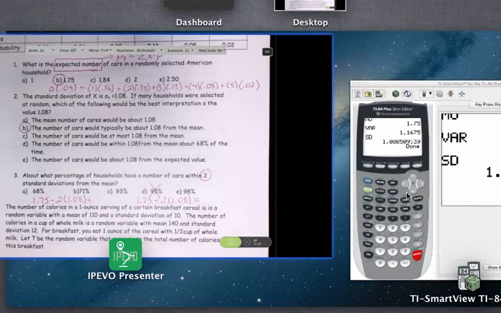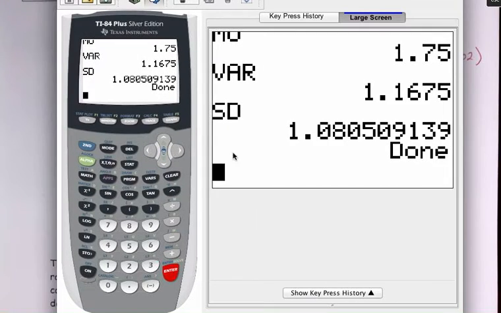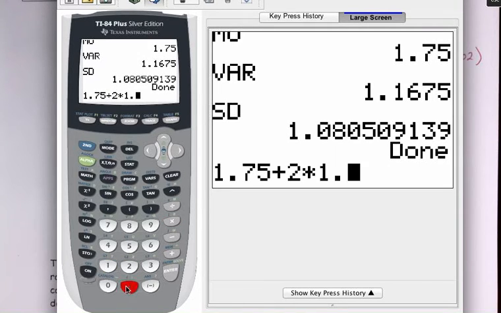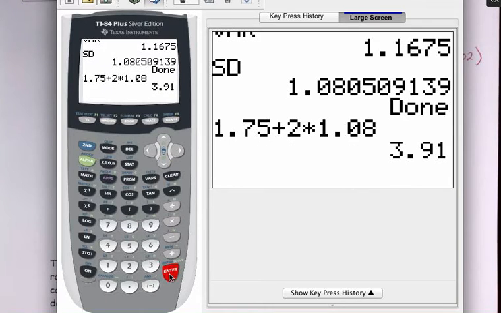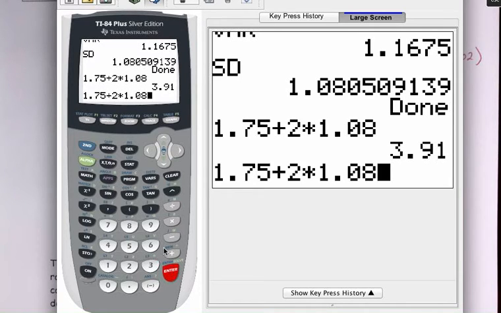Let's actually calculate it here. So here is the 1.75 plus 2 times the standard deviation of 1.08. There we go, 3.91.